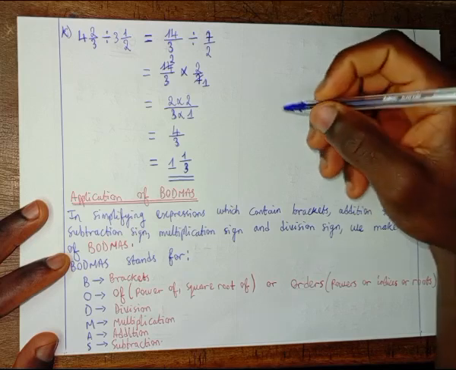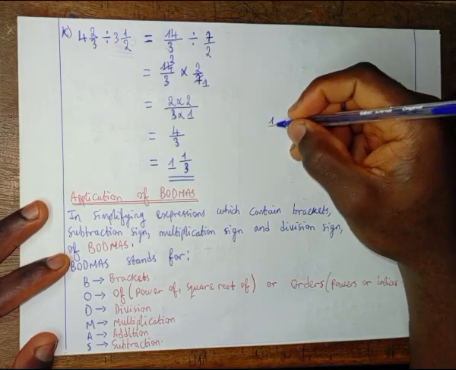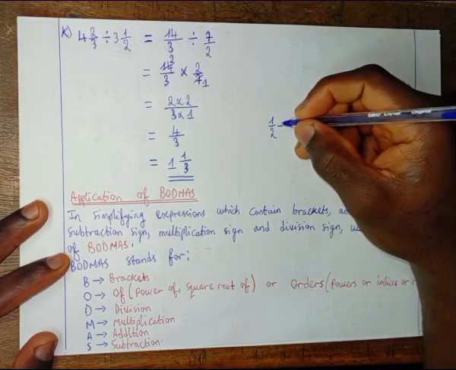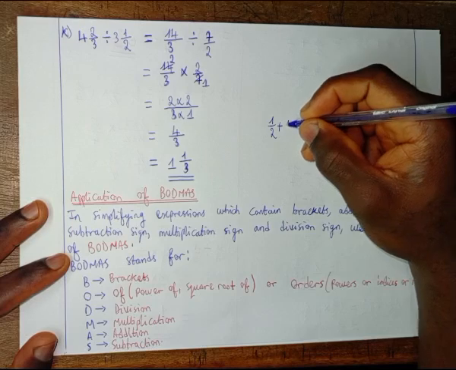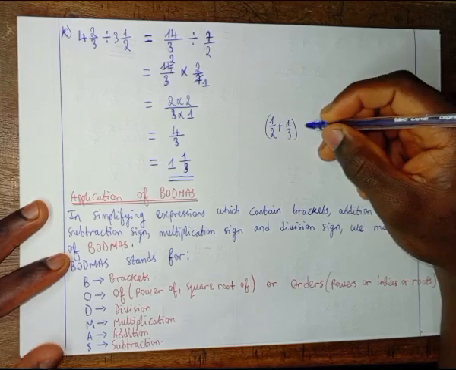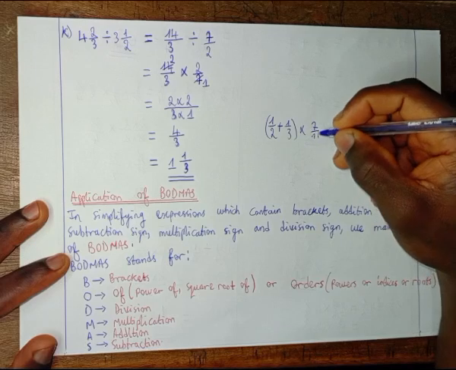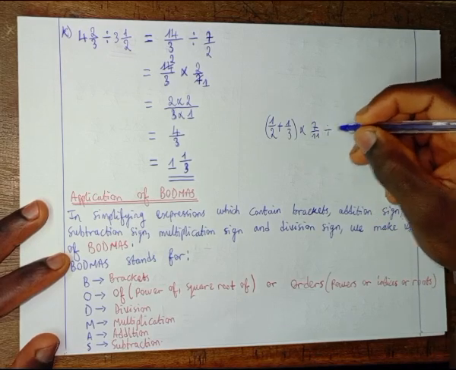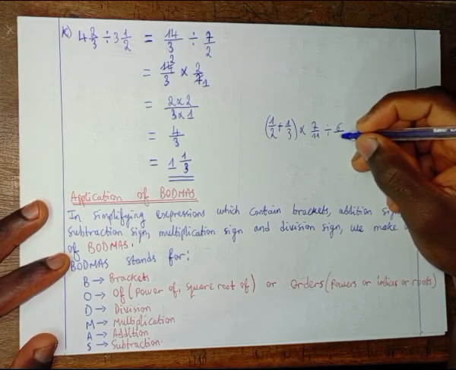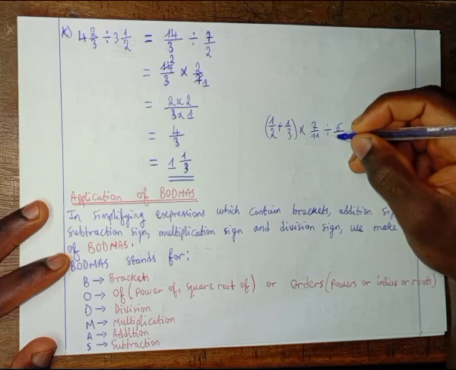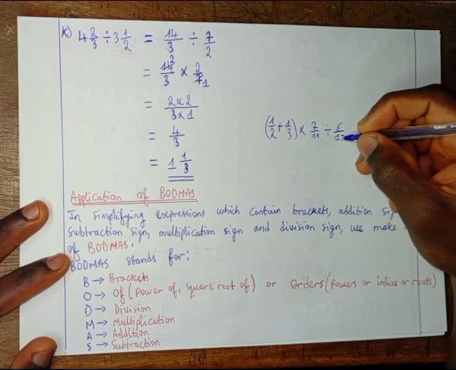That means if you are given a problem as such, for example, you have plus 1/3 times 7/11 divided by 6/17.